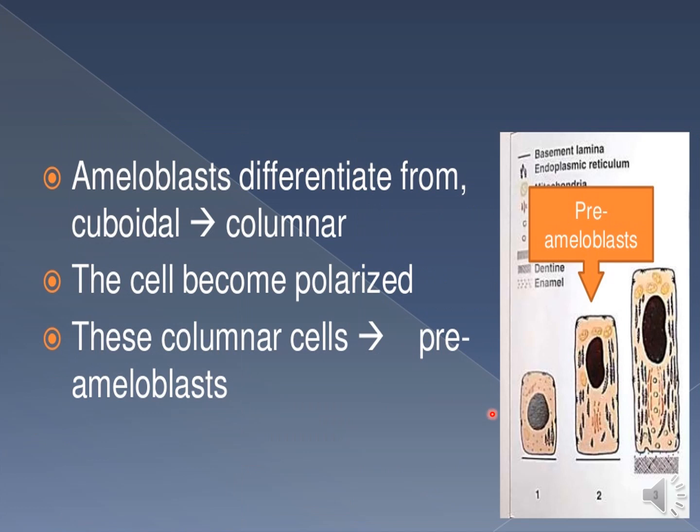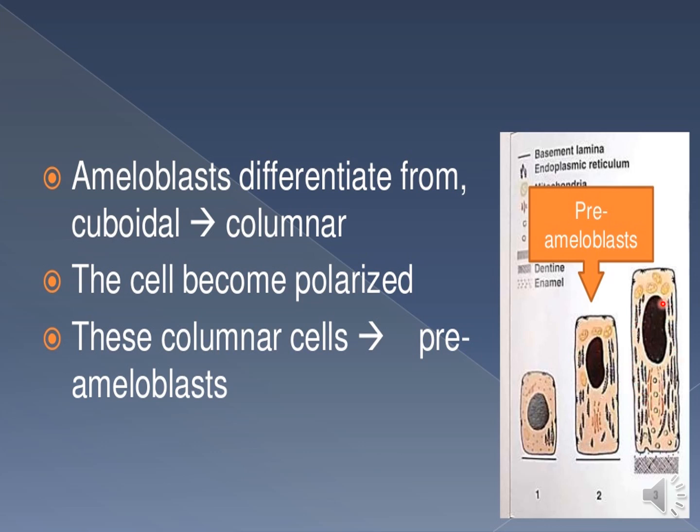So this ameloblast, once they are differentiated from the inner enamel epithelial cells, as you can see, a first layer of dentin is formed. This dentin, once it is formed, the basal lamina or the basement membrane which is separating the inner enamel epithelium from the dental papilla will be disrupted. So the shape of the ameloblast become tall columnar.